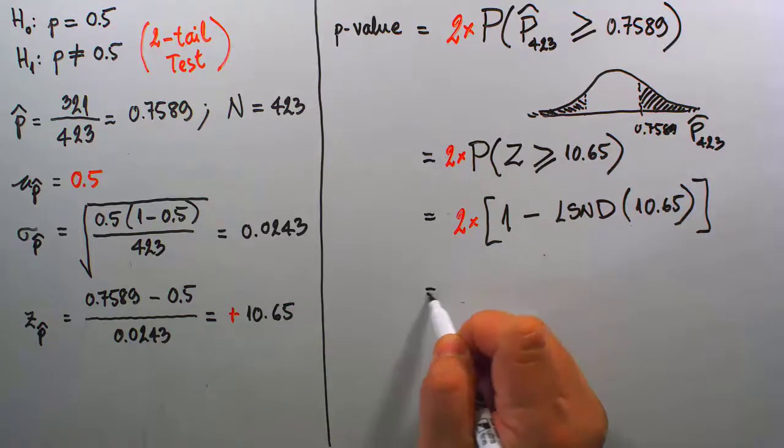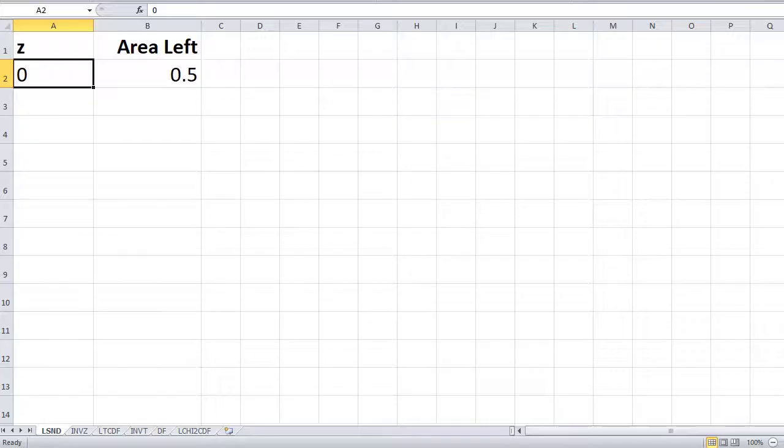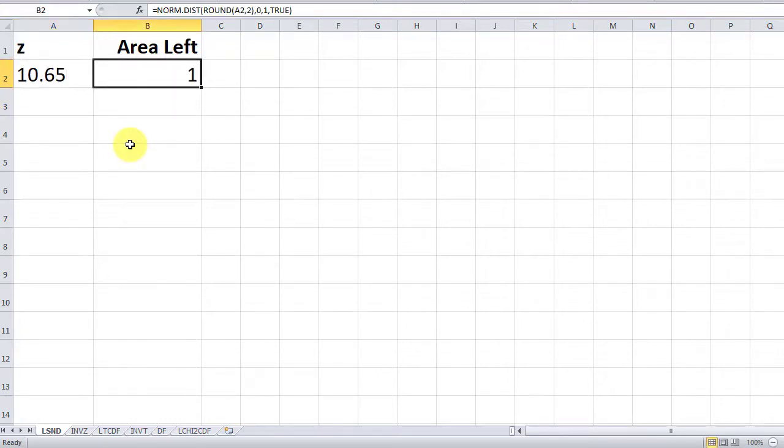And so in my next step, again, back on my computer screen, when I run my LS&D program already open with z-score 10.65, I am going to have the area shaded to the left-hand side on the standard normal distribution curve being 1.